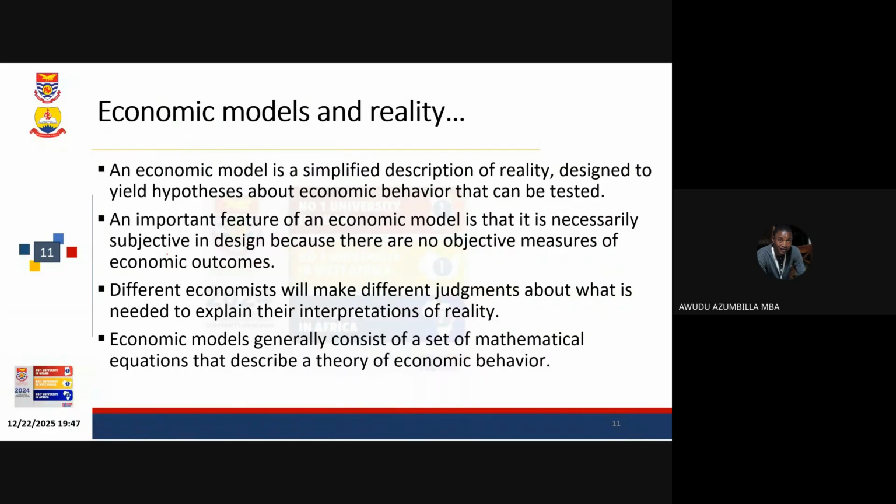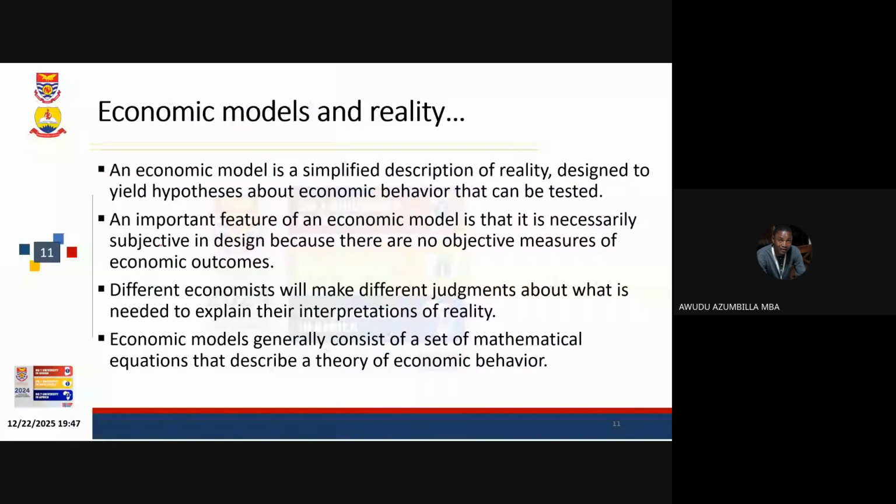But one important thing that we also have to know is that the models we are talking about are very subjective. It is because first, how you choose to represent your model, someone else might choose differently. How you choose to design your model, someone will also choose to put it differently.